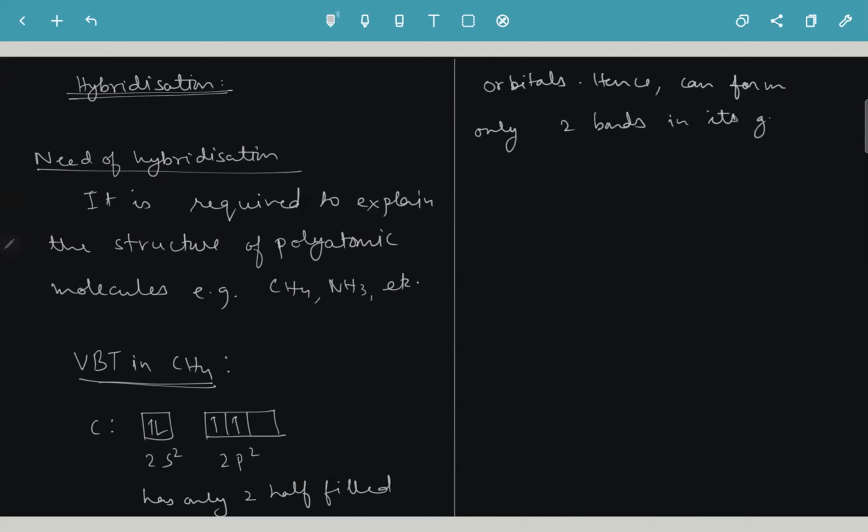Ground state means the lowest energy state. This is ground state electronic configuration of carbon.